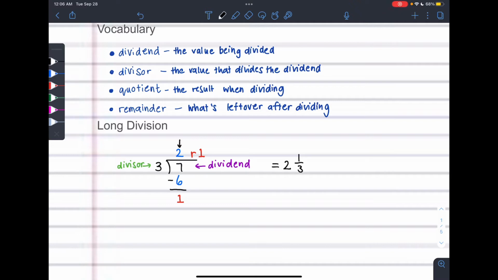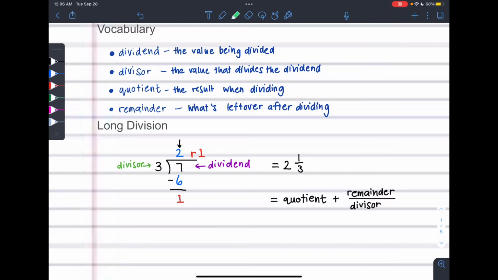And note here that when we write the final answer, we write it with the quotient plus the remainder over the divisor, right, with the divisor being the value on the outside of our symbol.